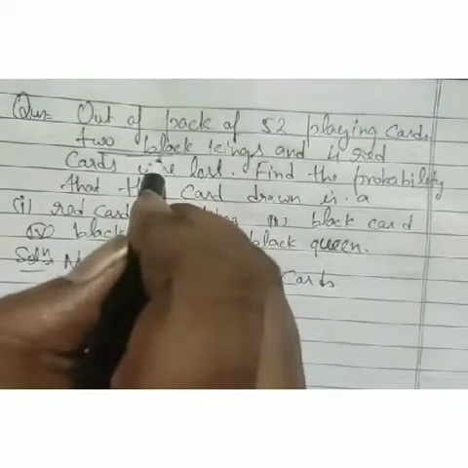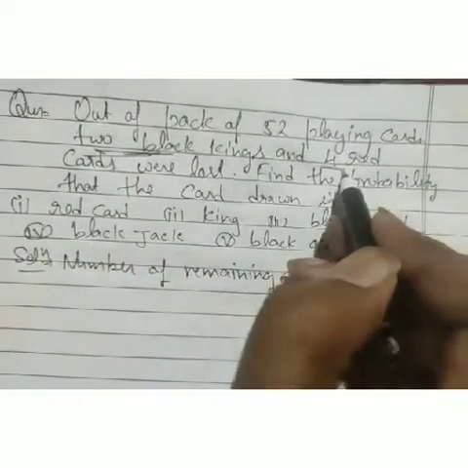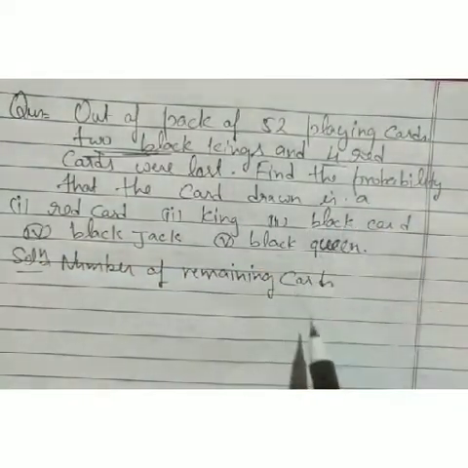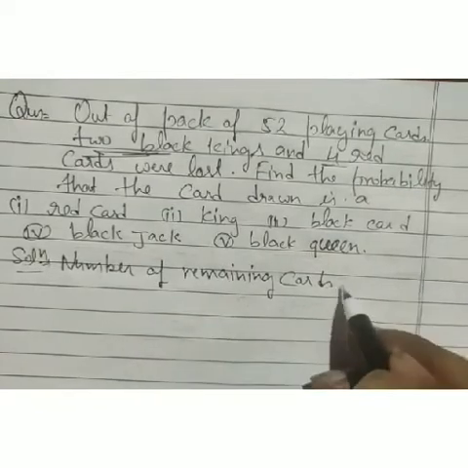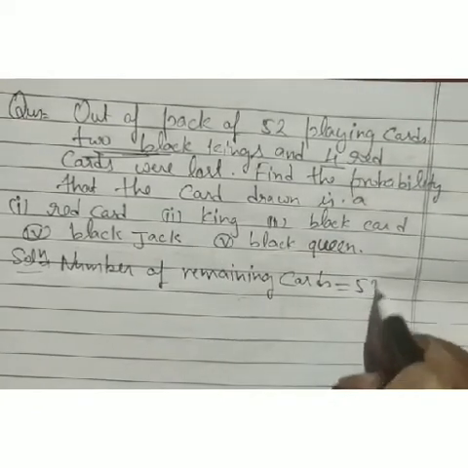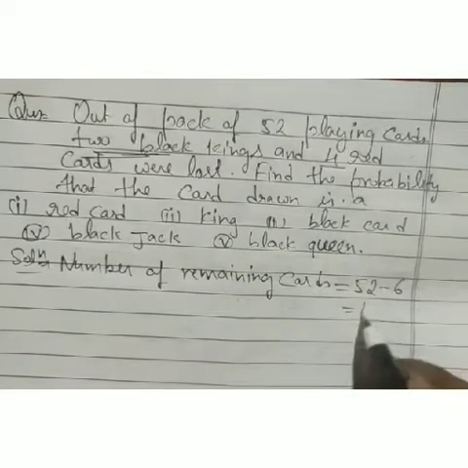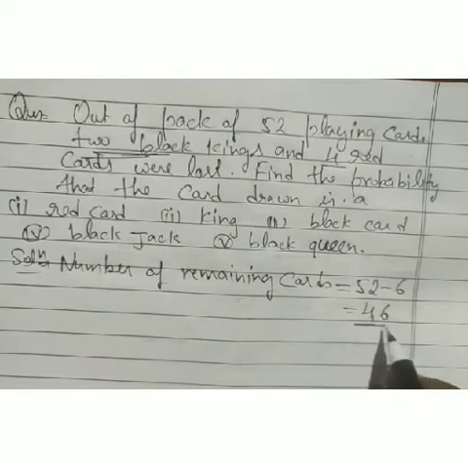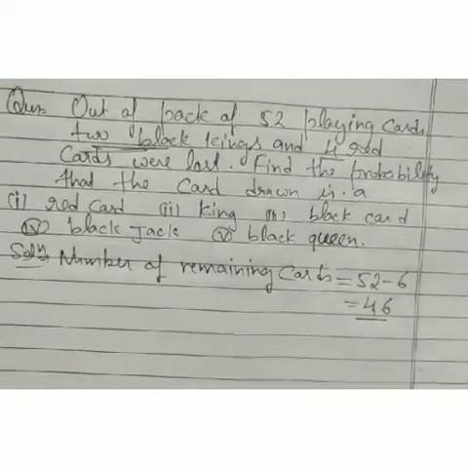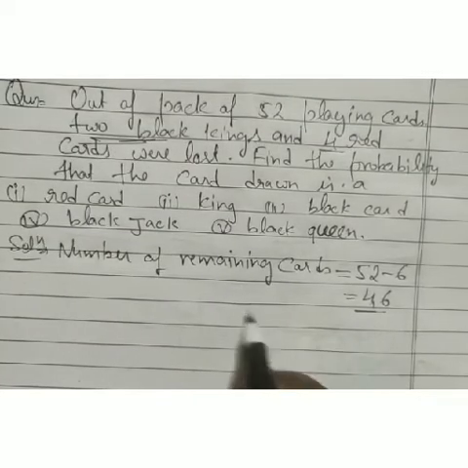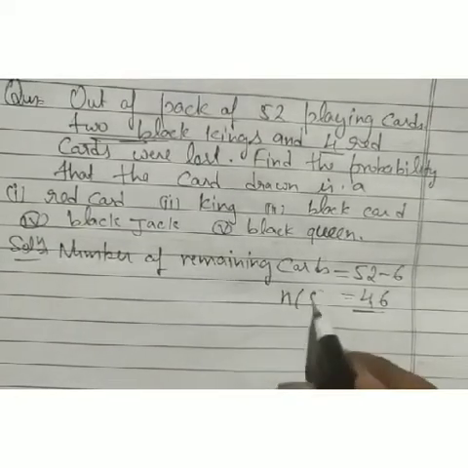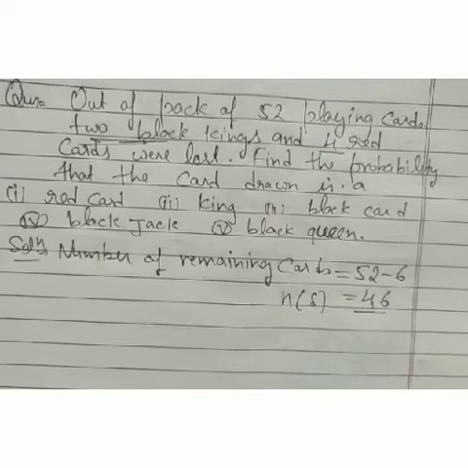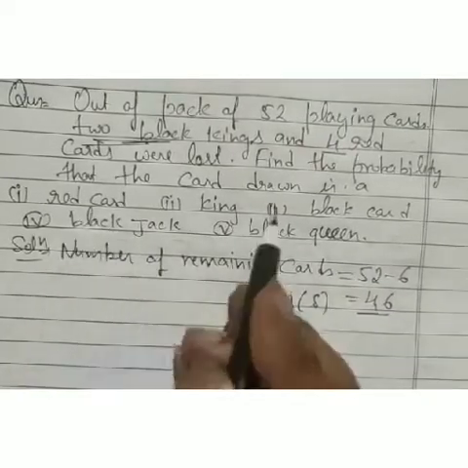Here there are 2 black cards and 4 red cards, which means a total of 6 cards are missing. We have 52 cards, and 52 minus 6 leaves 46 cards in the pack. This is our n(S), our sample space. Now we are going to find the probabilities one by one.